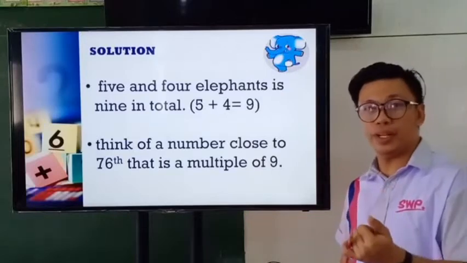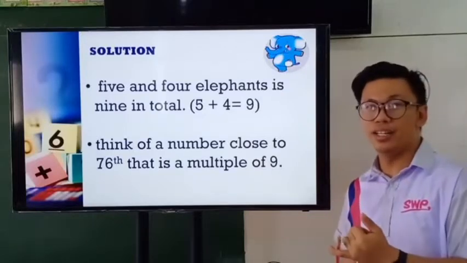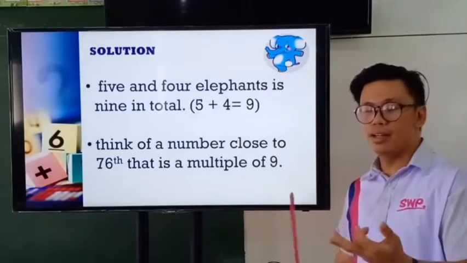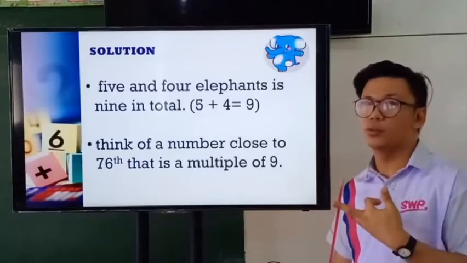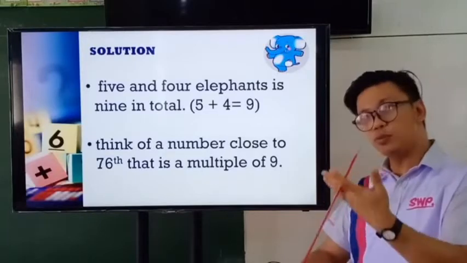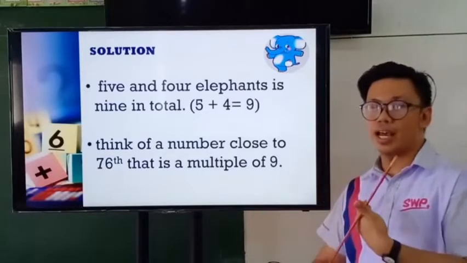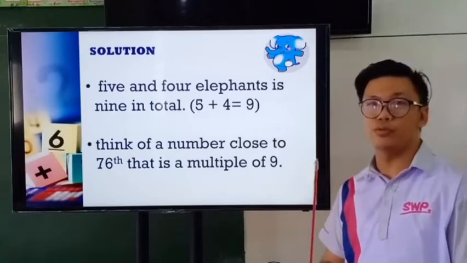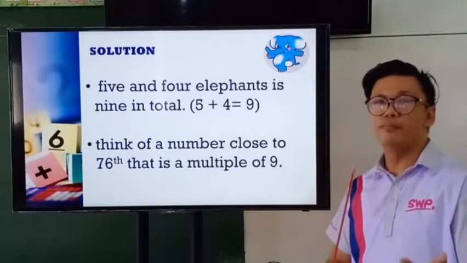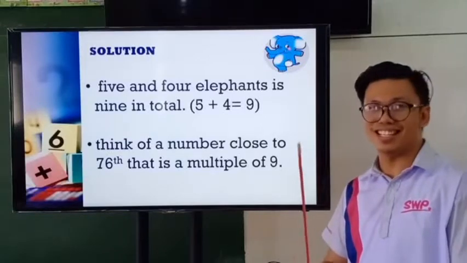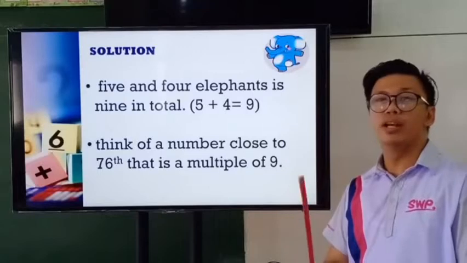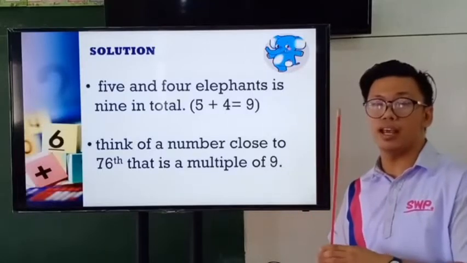We will start with 9 times 1 is 9. 9 times 2 is 18. 9 times 3 is 27. 9 times 4 is 36. 9 times 5 is 45. 9 times 6 is 54. 9 times 7 is 63. 9 times 8 is 72. 9 times 9 is 81.